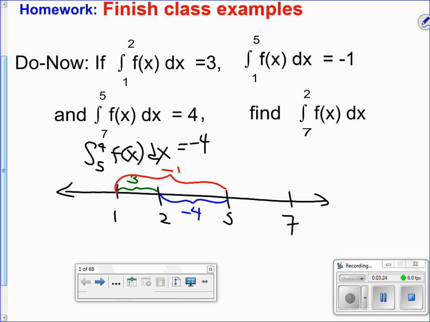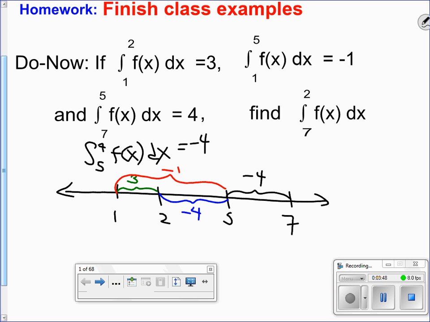Now then we also figured out the definite integral from 5 to, that's supposed to be a 7, is negative 4. So we'll fill that in. 5 to 7 is negative 4. This one? Oh, because if you go all the way from 1 to 5, that definite integral is negative 1. From 1 to 2 is 3.